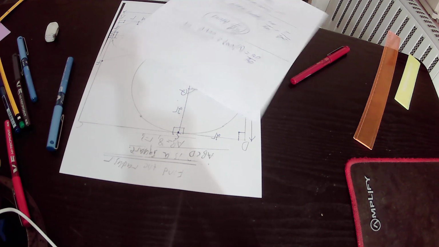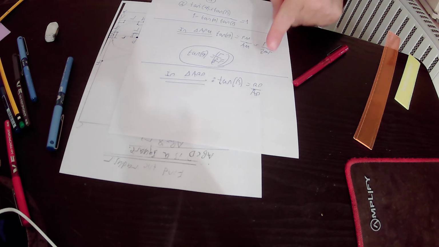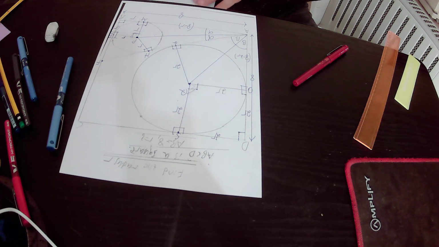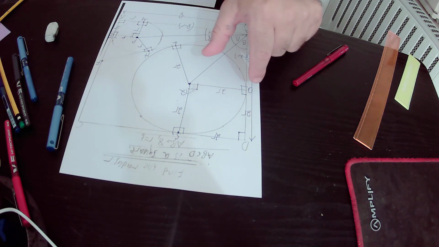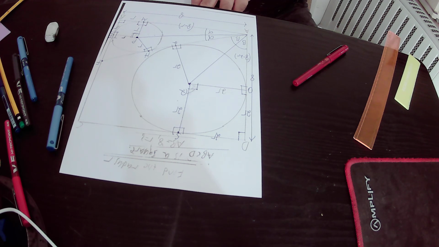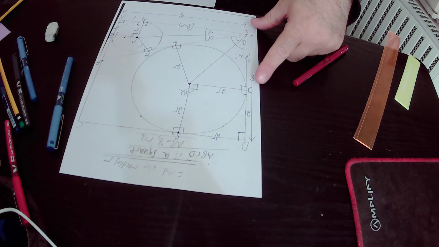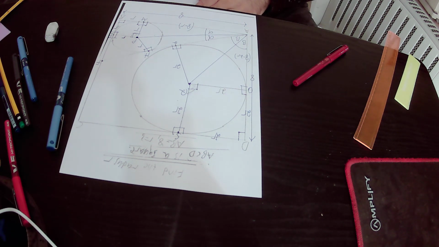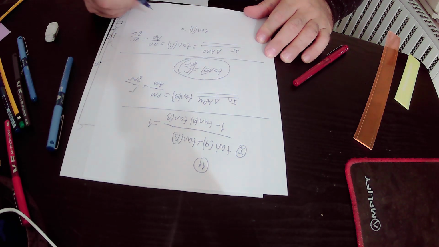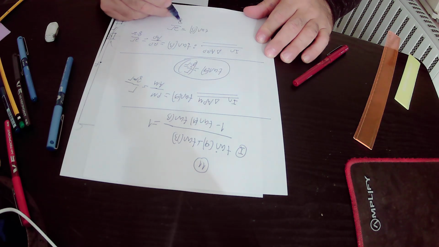In the right triangle, triangle AQO, tangent beta equals QO over AO. But what is the value of QO? From the drawing we can see that QO equals 2R. And AO, we have already found out that AO equals 8 minus 2R. So in total we found out that tangent beta equals 2R over 8 minus 2R.